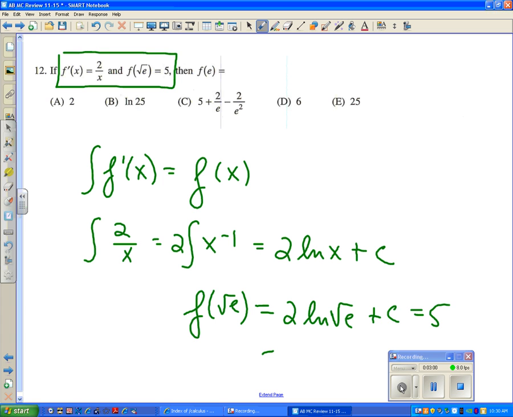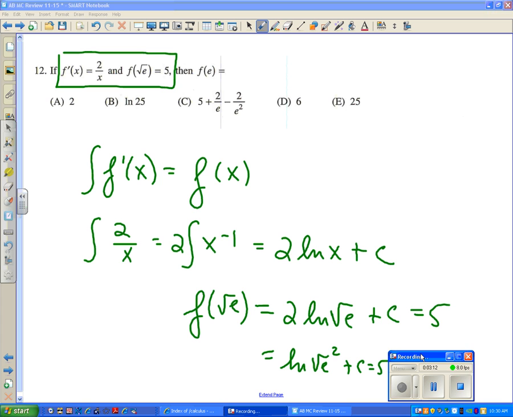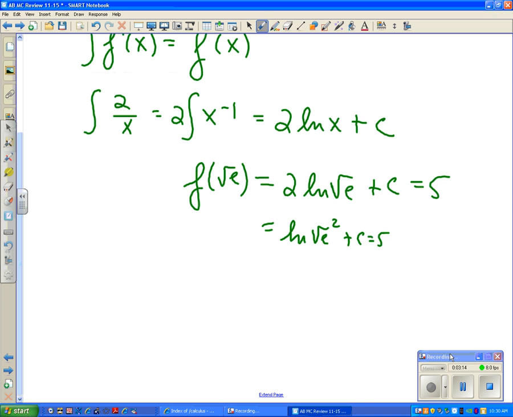Well, isn't that like saying the natural log of radical e squared plus c is equal to 5? Get this guy out of the way and slide this down a little bit. Radical e squared is e, and the natural log of e, or the log base e of e, is like saying 1 plus c, and that equals 5. So c must be 4.